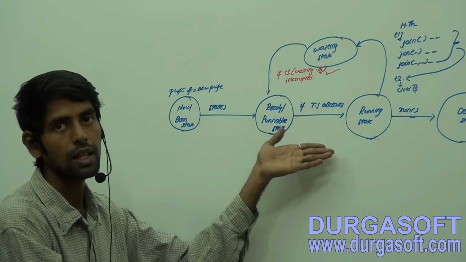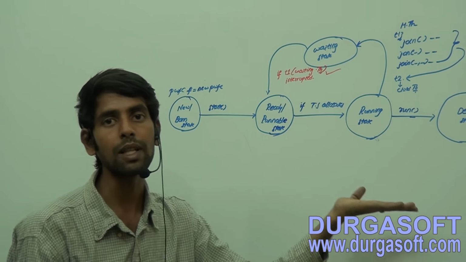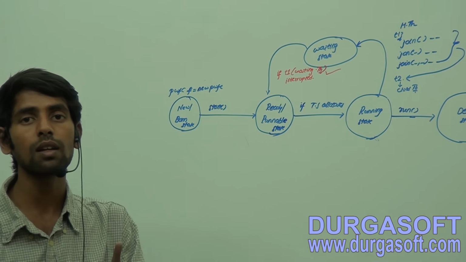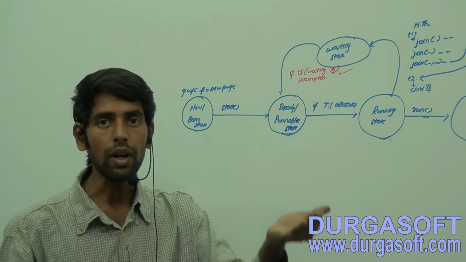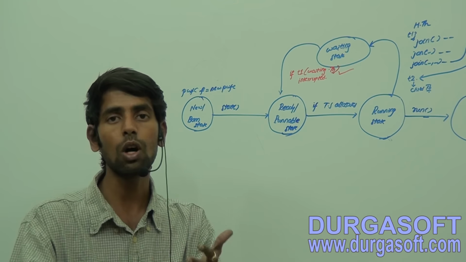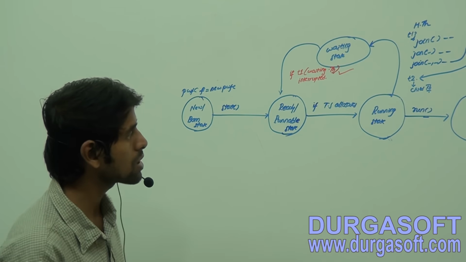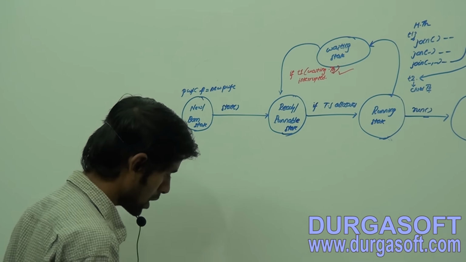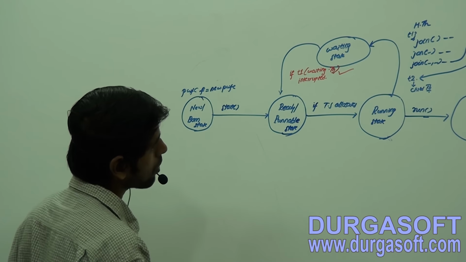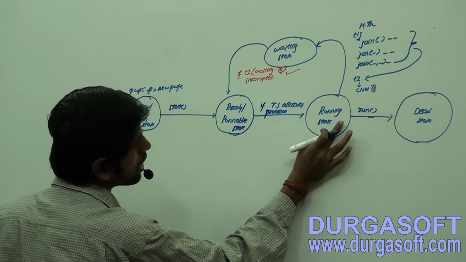If the thread scheduler allocates the processor, it will execute the run method from where it has been stopped. That is very, very important. That's why I put the heading as how to resume a thread and how to re-execute a thread from where its execution was stopped. The scheduler allocates the processor and it goes into the running state.